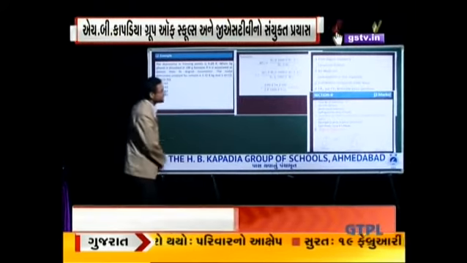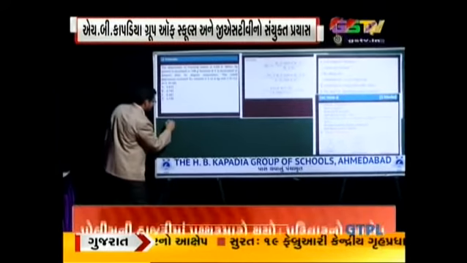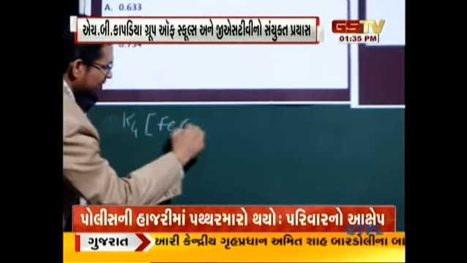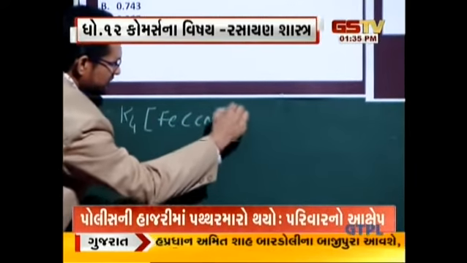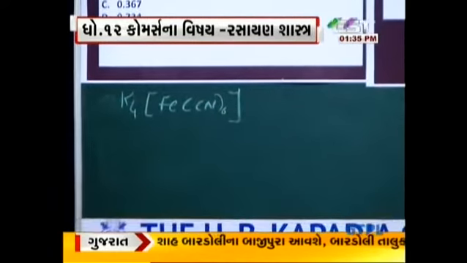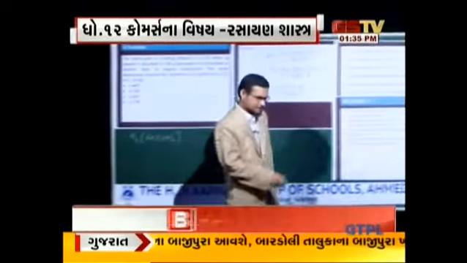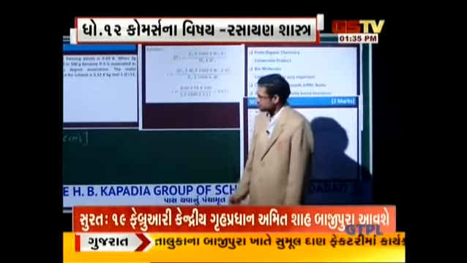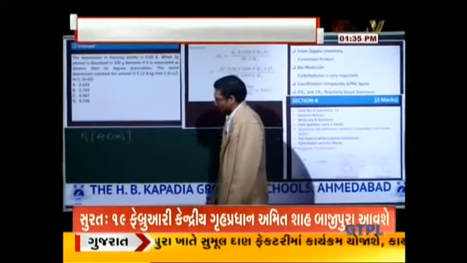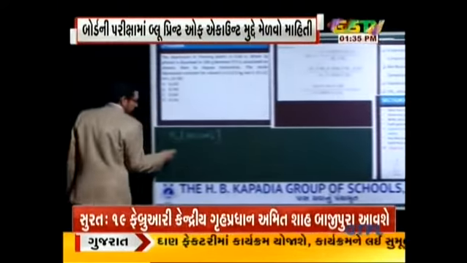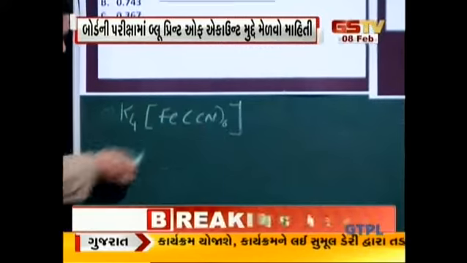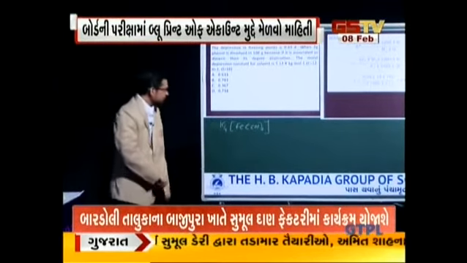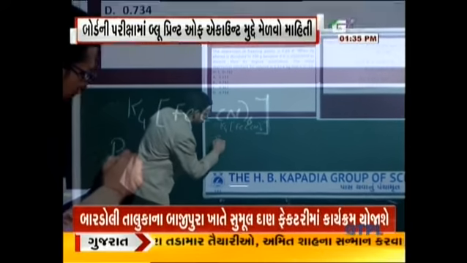Let's take an example of a coordination compound like K4[Fe(CN)6]. This is the compound given in the MCQ, and we have to choose the right answer. First of all, there are two metals, Fe and potassium, so first we will write potassium.